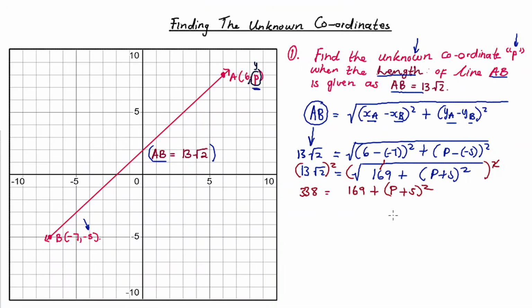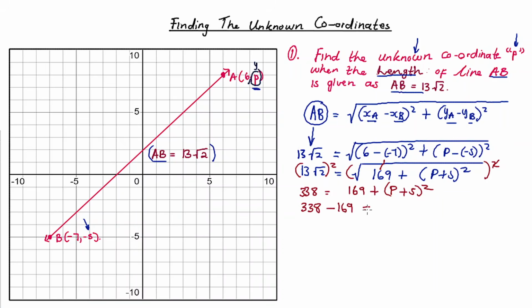Do you still want to foil this? Just think about it. What do I mean by foiling this one out? Do you want to create two brackets and multiply them? You can, but here's a simplified way of approaching this one. Do not complicate things.